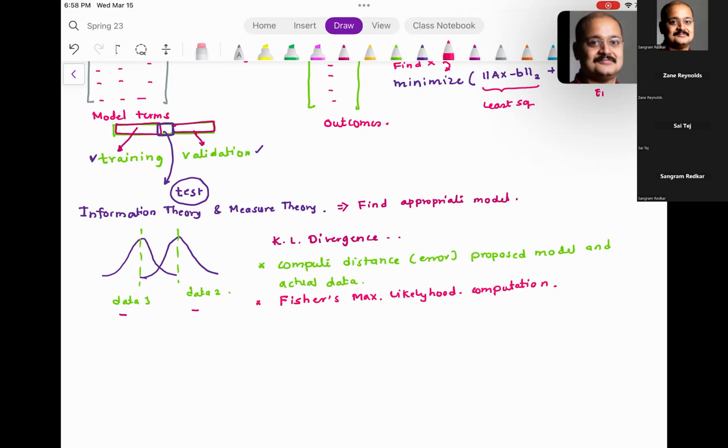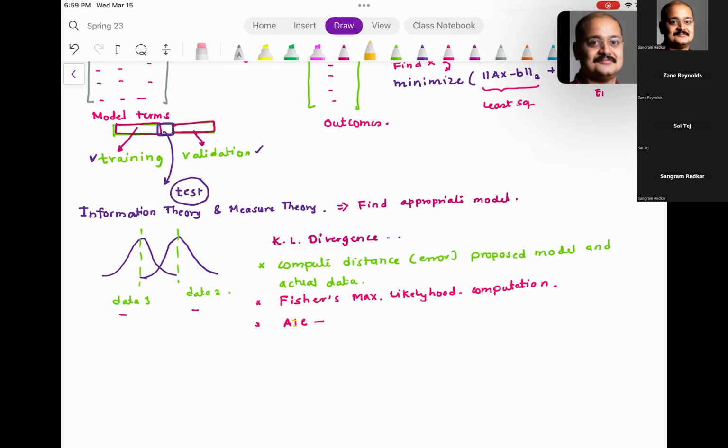Then you also have something called the Akaike information criterion, AIC, which is not like the A1C measure used in diabetes or hemoglobin A1C. This is AIC, not A1C.